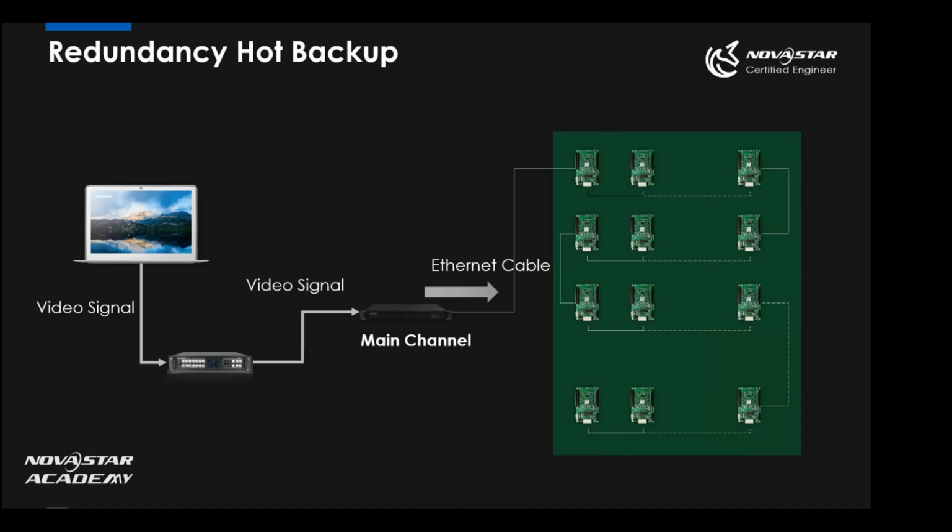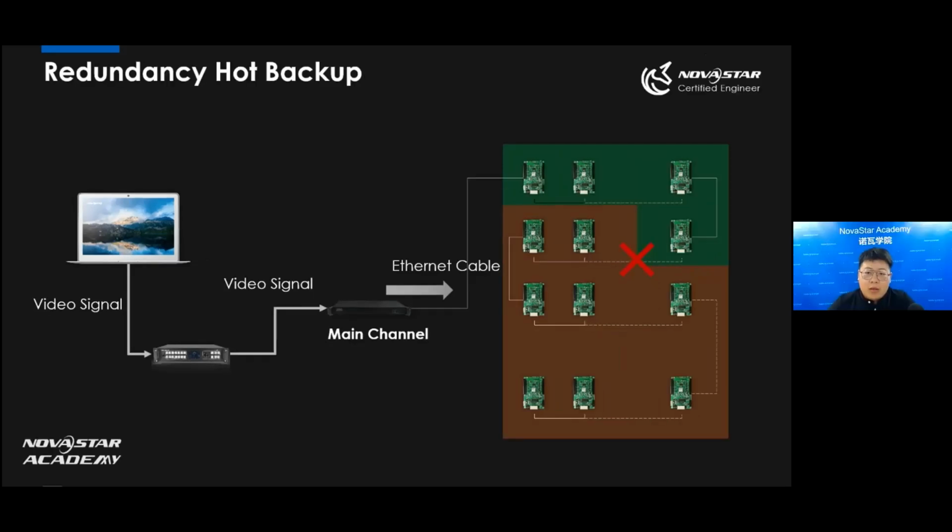Let's think about if any cable between two receiving cards is broken. The rest of the receiving cards will not get the data from the main channel. Of course, this part of the screen will be blank. So how can we handle it? NovaStar provides the backup solution. The rest of the receiving cards will get the data from the backup channel.